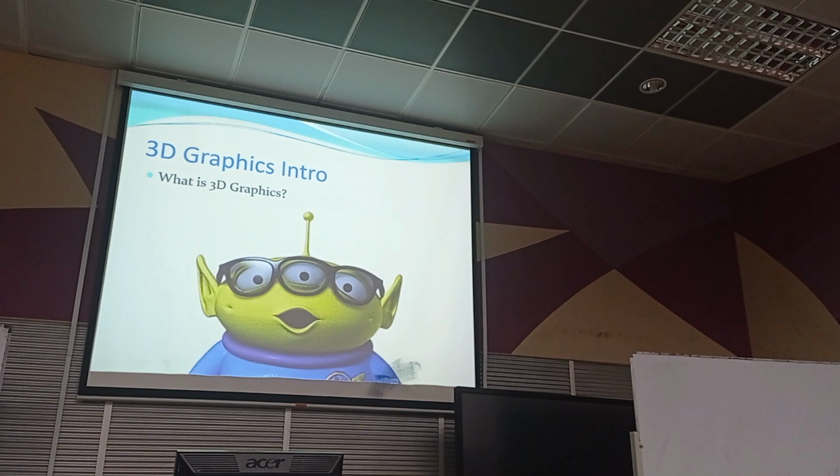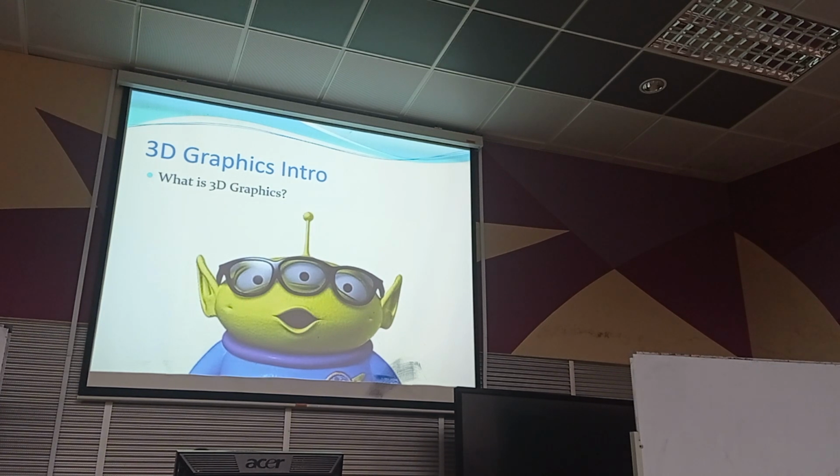What is the meaning of the D? Dimension. Okay, 3 dimensions. Which 3 dimensions? Your width, your height, x, y, and your depth, z. When you see 3D, it means you have the depthness.